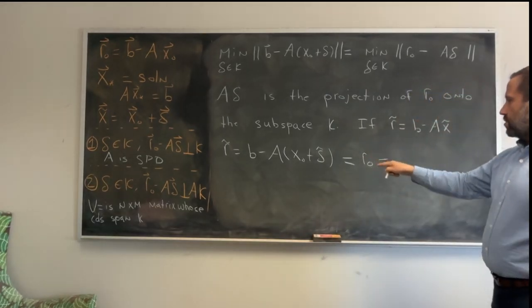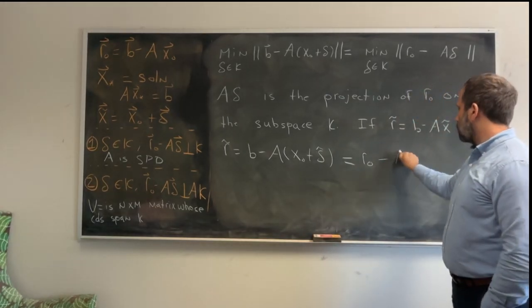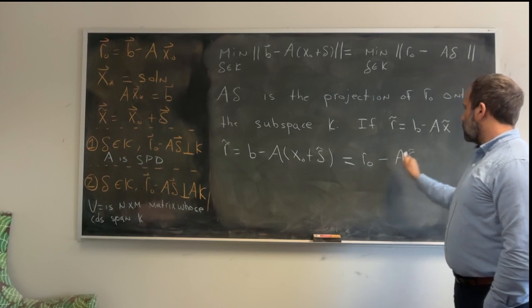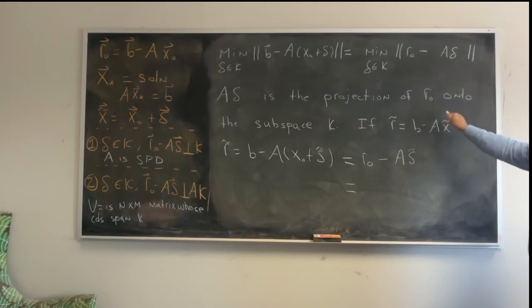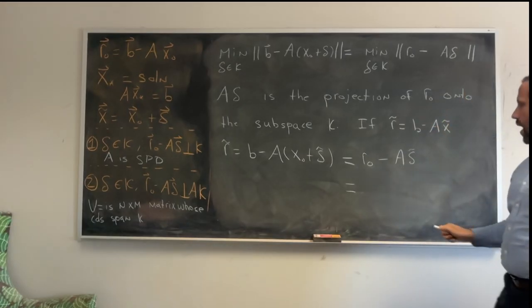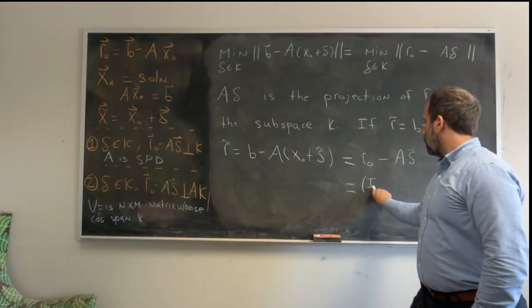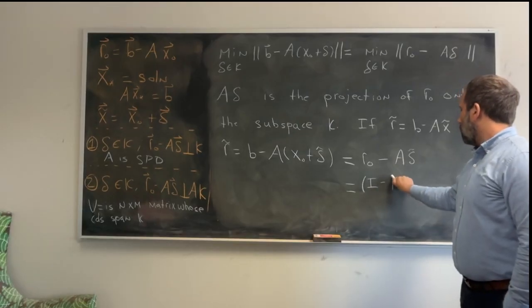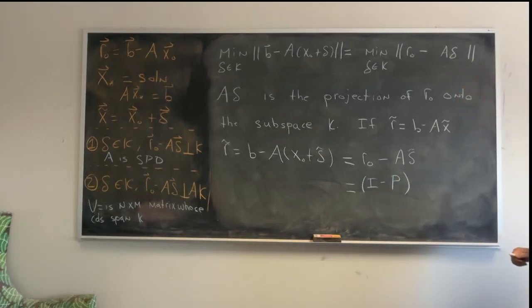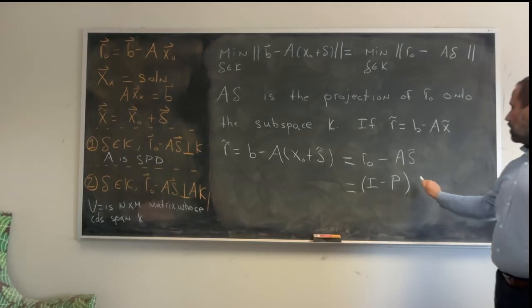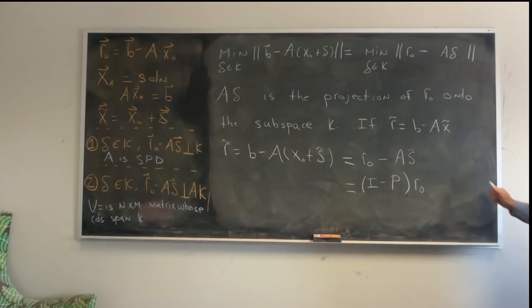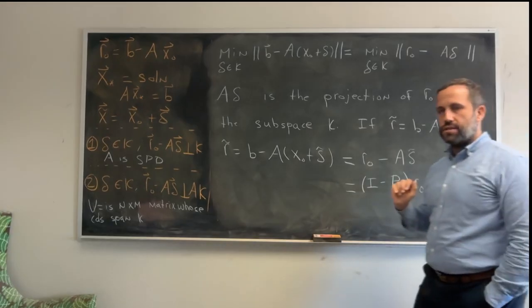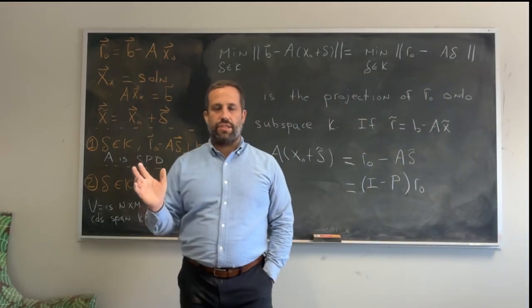And then A delta, we can just write this as A delta tilde. But what is A delta? It's the projection of R naught onto the subspace K. So I can write this as the identity operator minus the projection onto the subspace K, applied to R naught, like this. That is another way that we can think about this, and we can use this to come up with formulas and error estimates and things like that.